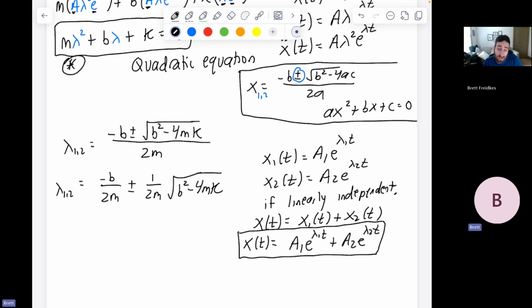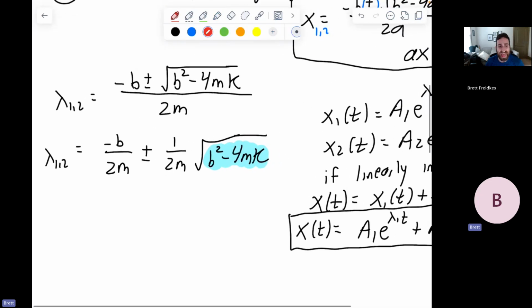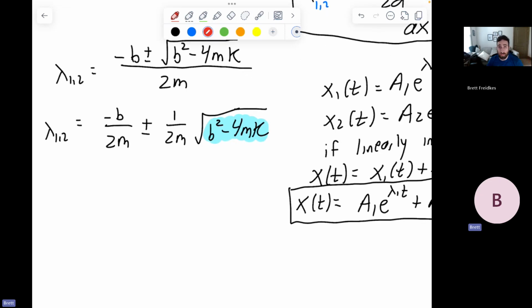But we have to look deeper than that, because depending on what the values are, we may end up with some interesting situations. And mathematically speaking, if we're looking at the results of the quadratic equation, we see we have the square root of some term, b squared minus 4mk, that depending on what those variables are, could be positive, can be 0, or can be negative.